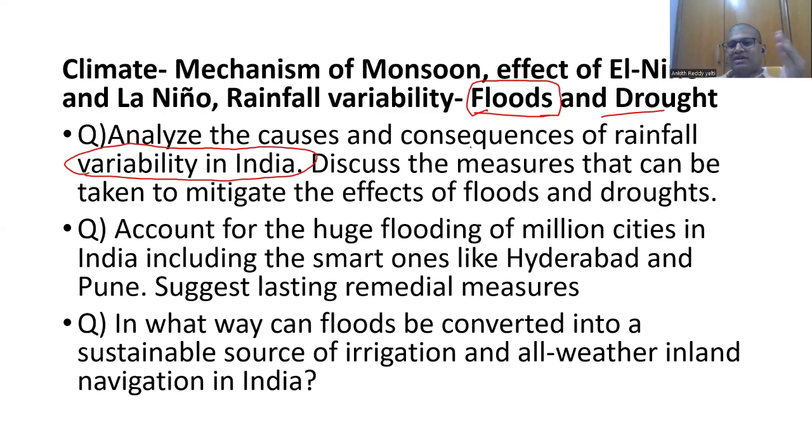You can construct dams and canals and thereby use these canals for inland navigation. So they may interlink two or three topics in geography and frame a question. That's why your fundamentals have to be very clear in order to write good answers. Only this kind of analysis will help you write a different answer from others, different in the sense of good points and analytical aspects.